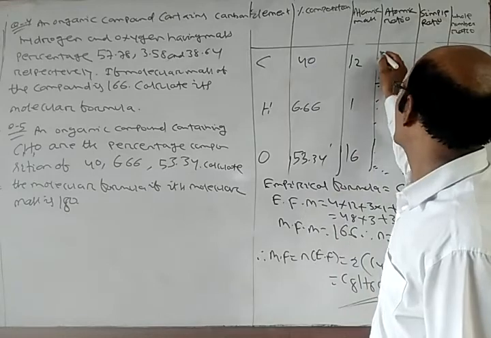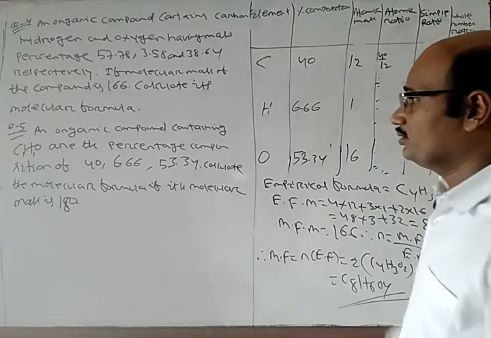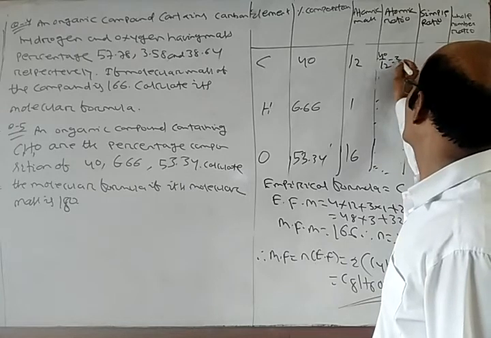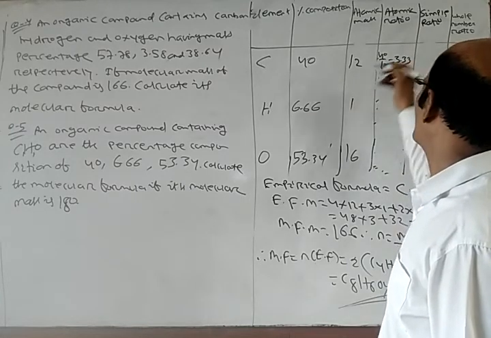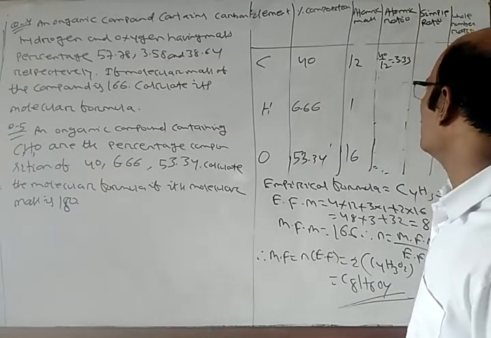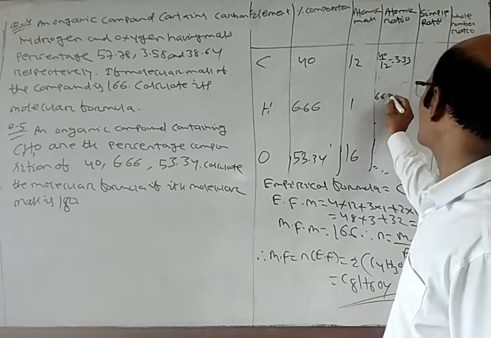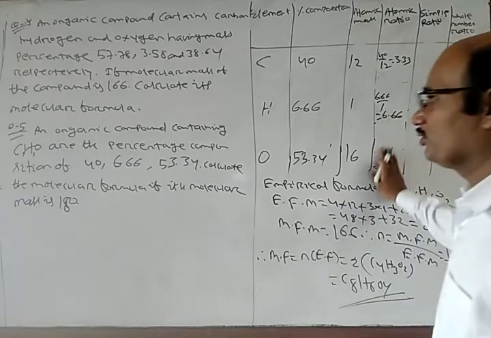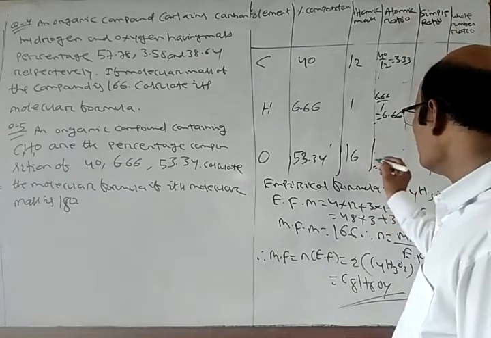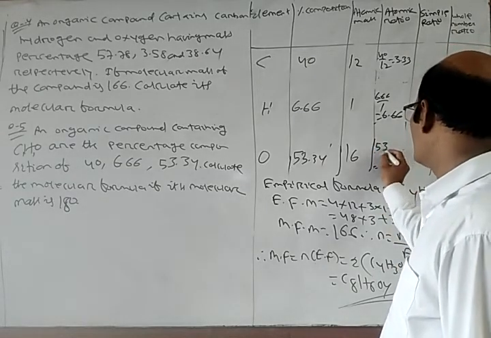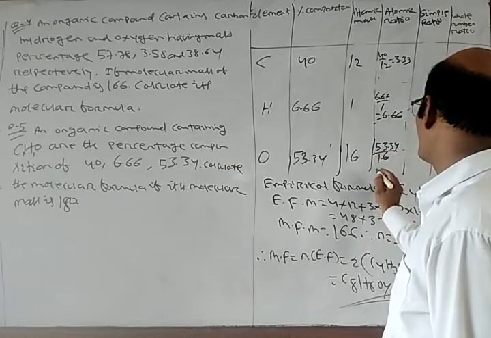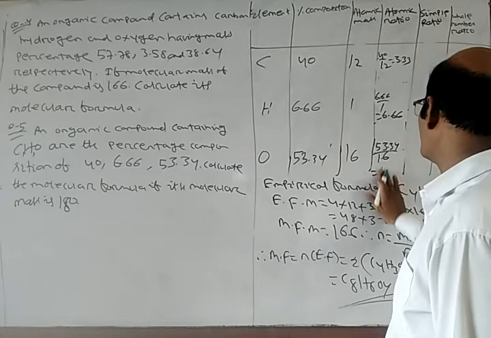Now you can divide 40 by 12, which gives 3.33. Then 6.66 by 1 equals 6.66. Now 53.34 divided by 16 equals 3.33.